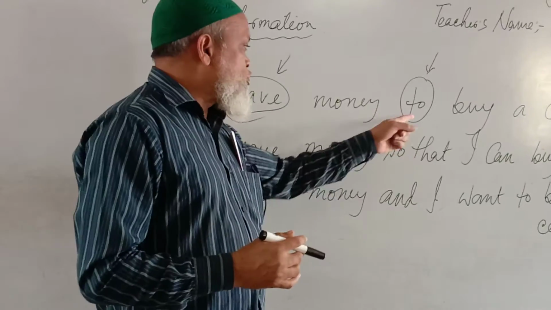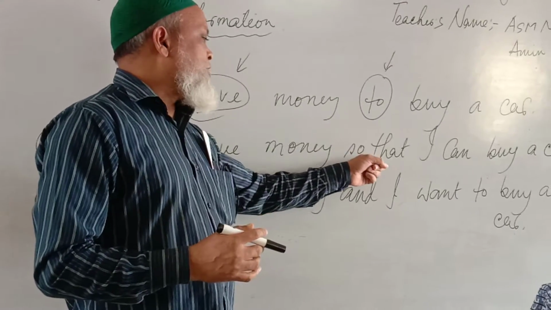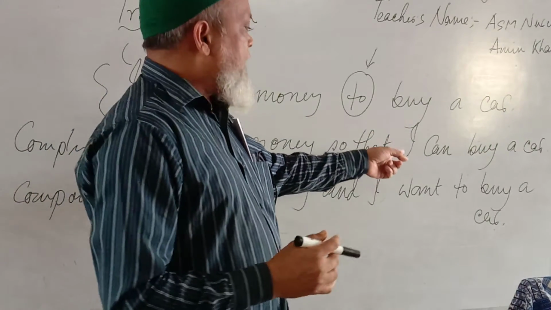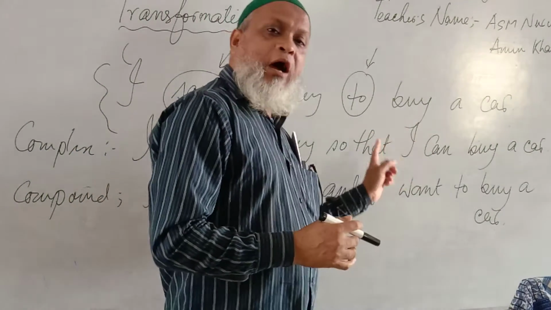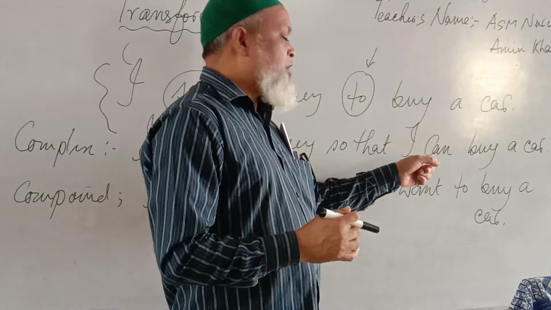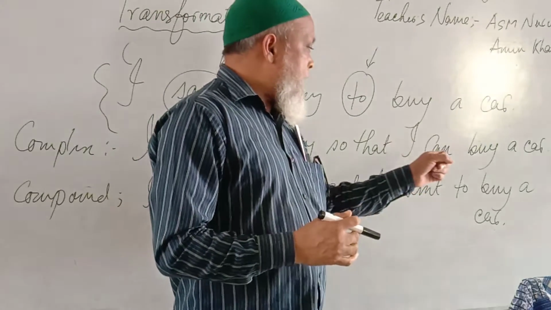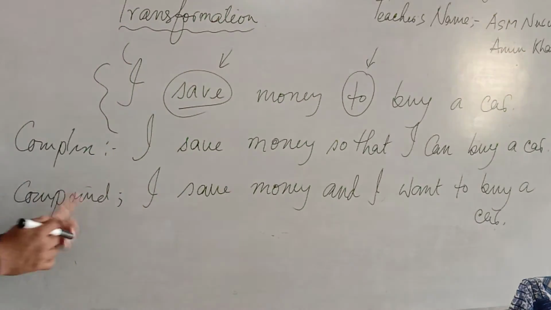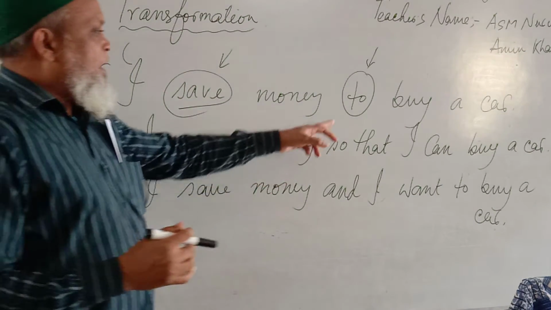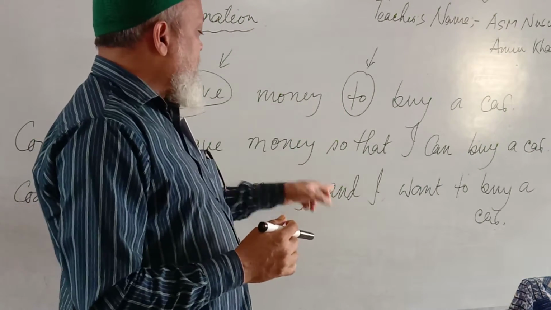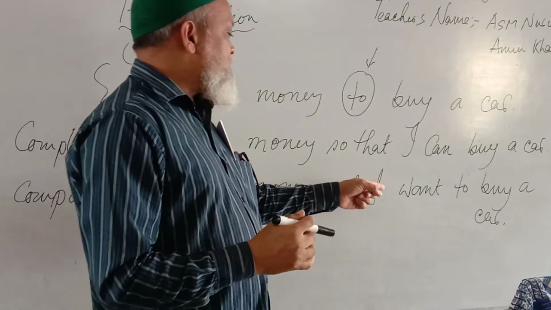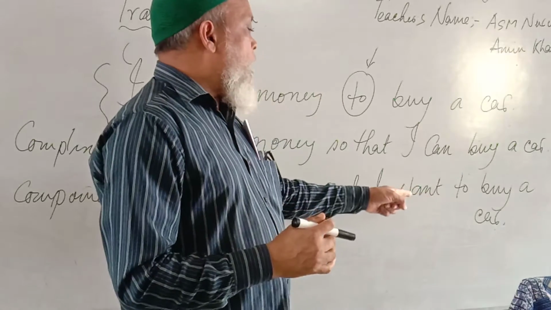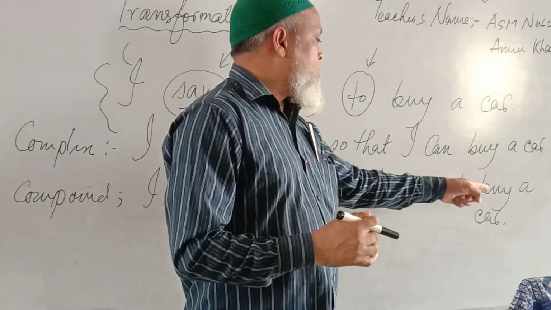In the place of to, I have used so that, and after the subject, I have given can, and then the verb in present form and the object. In the compound sentence, in the place of to and so that, I have used and, and after the subject, I have used want to.